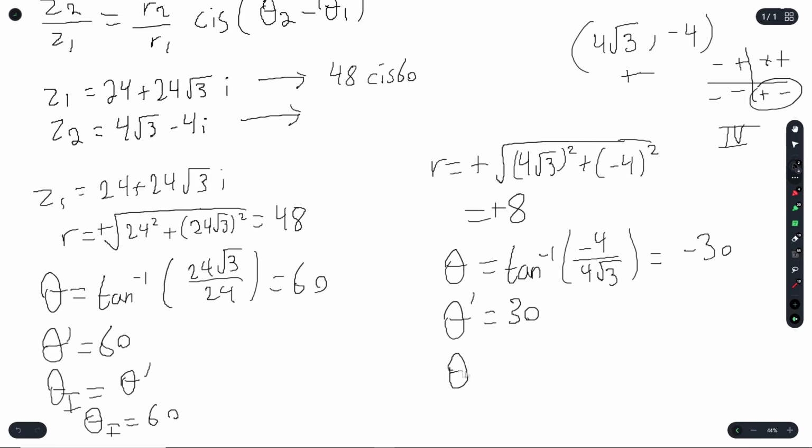Then theta in quadrant 4 is equal to 360 minus theta prime, which will give us 330 degrees. So here it will be 8 cis 330.